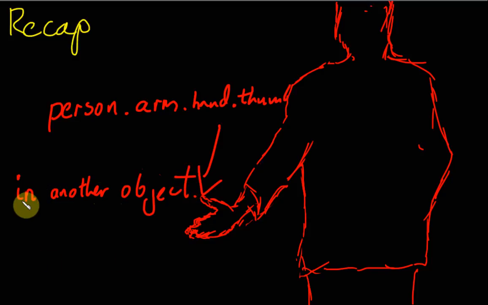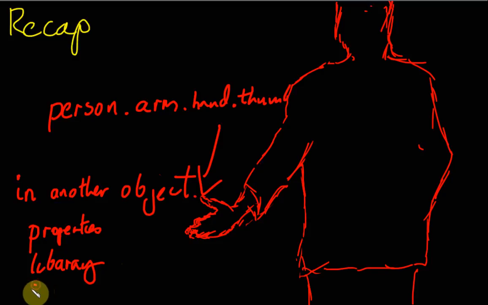And you will always see it in reference to describing when one property, so it can refer to properties, or it could be a library, it could be a class, it could be an object that is in something else.